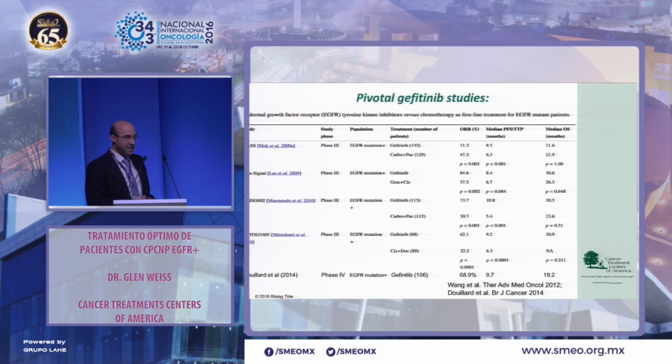At the time, patients who had an EGFR mutation were directed to EGFR TKI therapy, not because of overall survival, but because of the possibility of more tolerable therapy with fewer side effects compared to traditional cytotoxic chemotherapy.